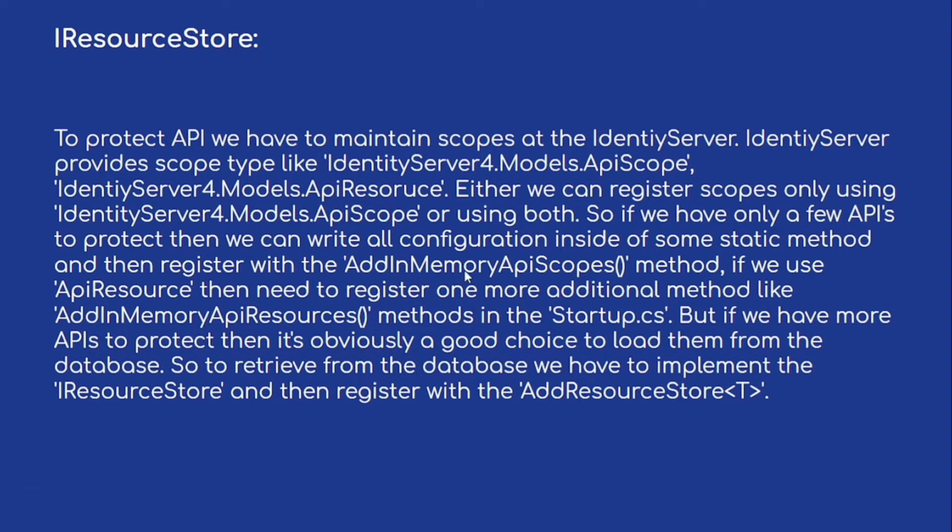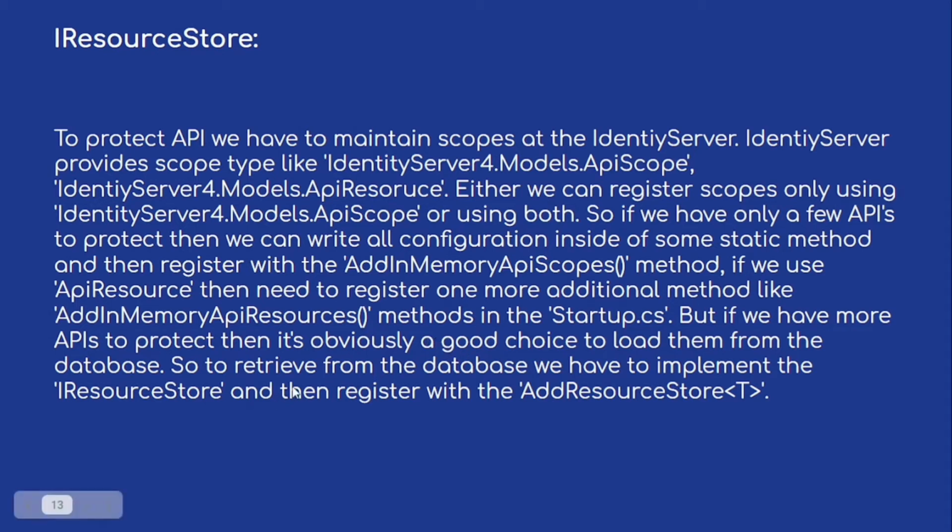By default, if you are using only API scopes, then AddInMemoryApiScopes is enough. But if you want to load in-memory API resources also, then you need to register the API resources method as well in the startup.